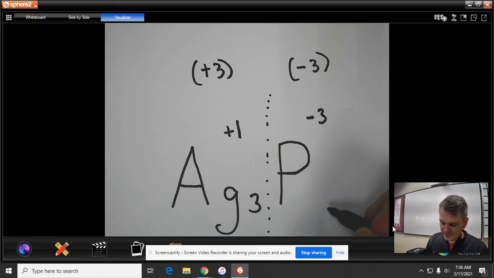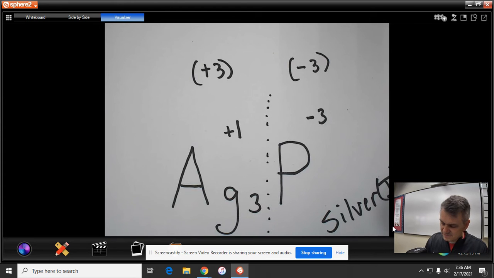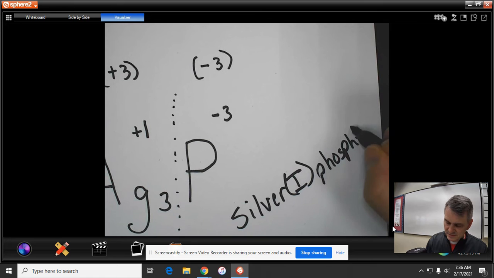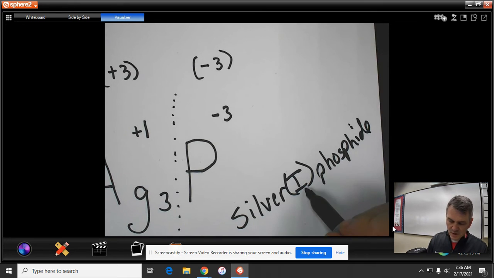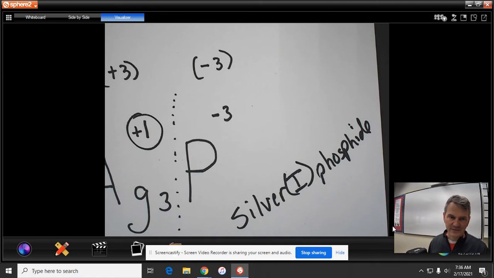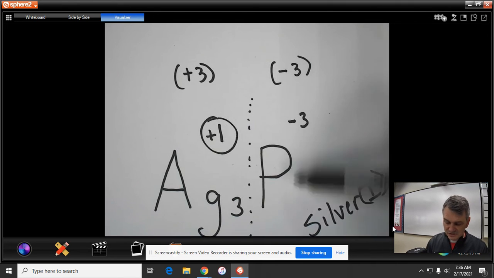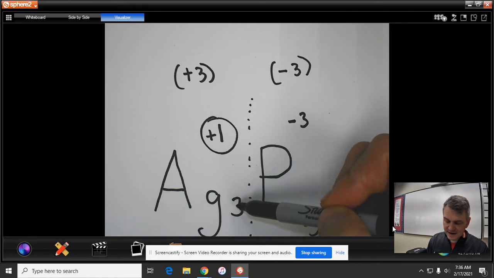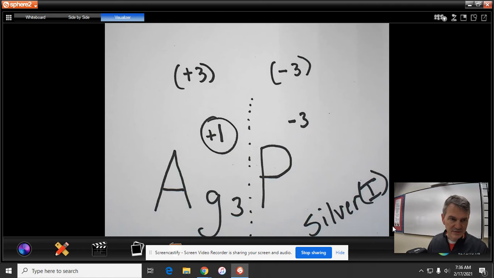So this would be silver, there's a 1 there, 1 phosphide. Oops, I'm running off my page here. There we go. Silver 1. That Roman numeral 1 refers to that +1 there. And again, you guys just figure out what our negative charge is, put that number over here, but flip the sign, and then just figure out what's missing right here.